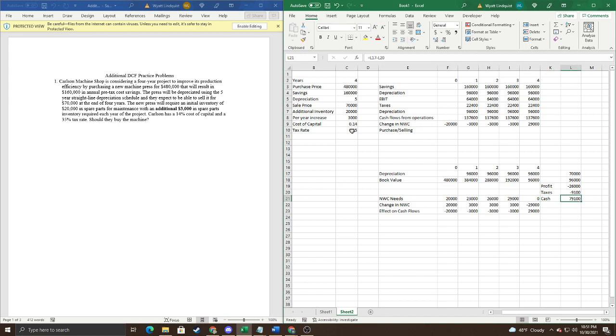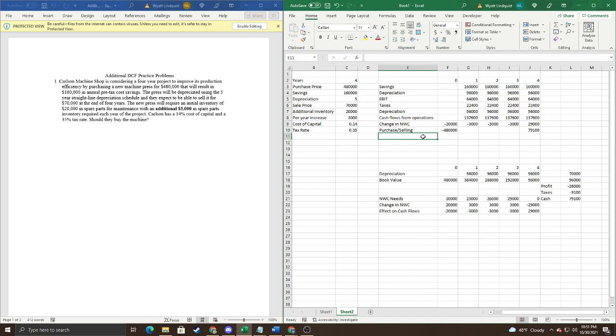So we're going to get essentially the effect of making $79,100 in cash. So this is going to happen in year 4 is when we're going to get this 79,100, and then in year 1 we're going to have our purchase of the machine, and that's going to be negative.